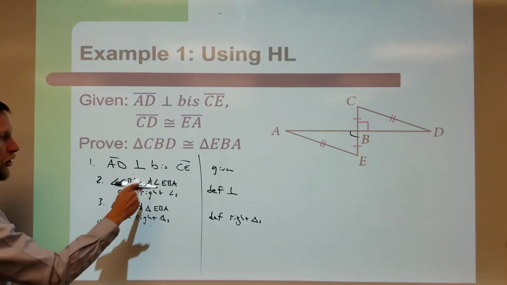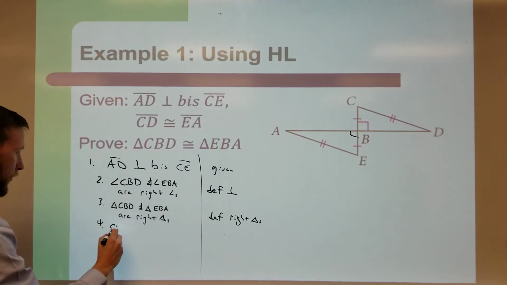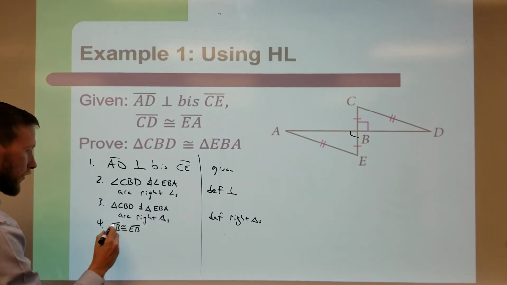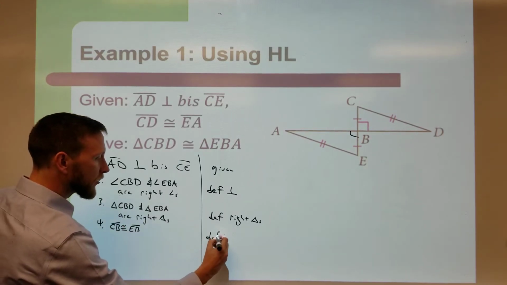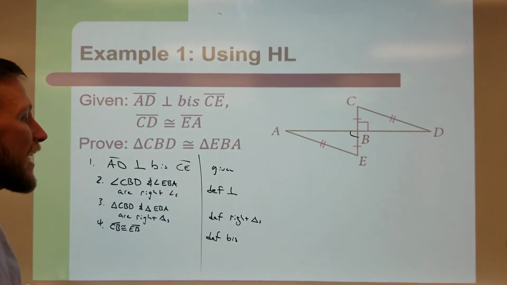Next, I'm going to use the bisect part to say that CB is congruent to EB, by the definition of bisect. Here's a situation where we used three definitions in a row: the definition for perpendicular, the definition for right angles, and the definition for bisect. All right?